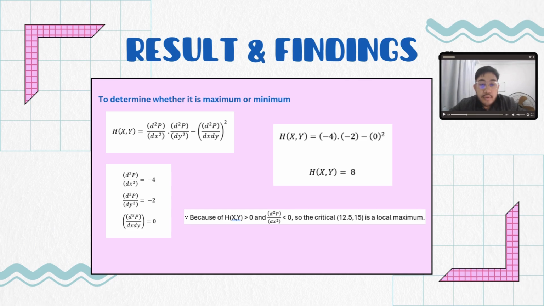For the mixed partial derivative, we get 0. Substituting the answers into the formula, we get 8, which is a positive value. Because the answer is positive, and the second derivative with respect to x is negative, the critical point (12.5, 15) is a local maximum.